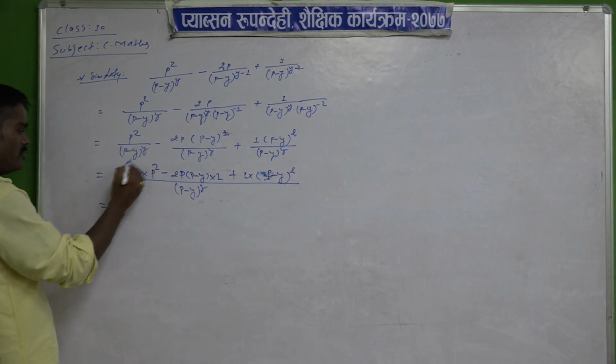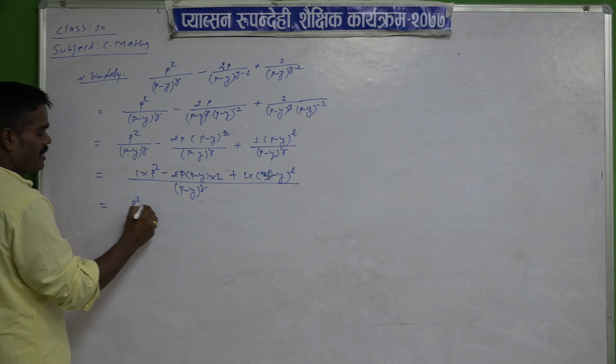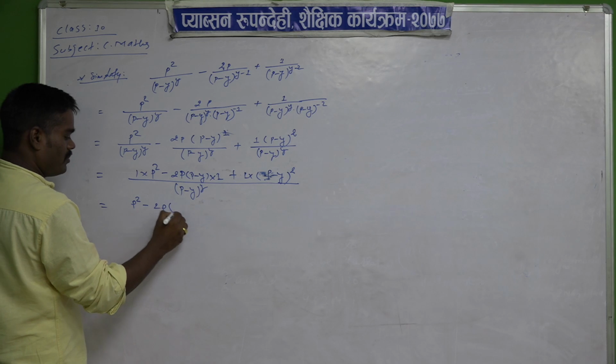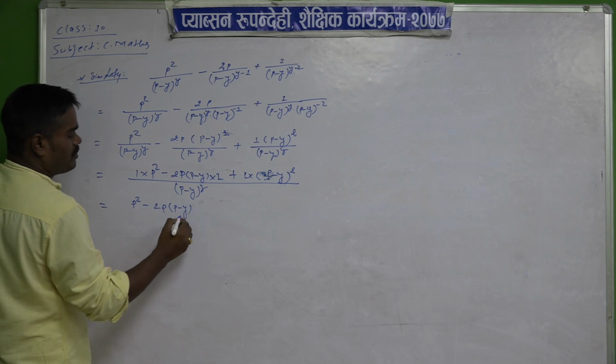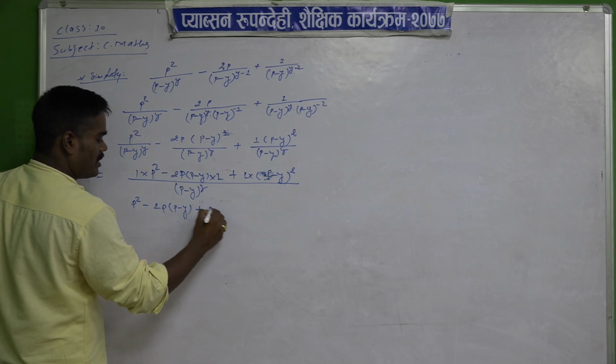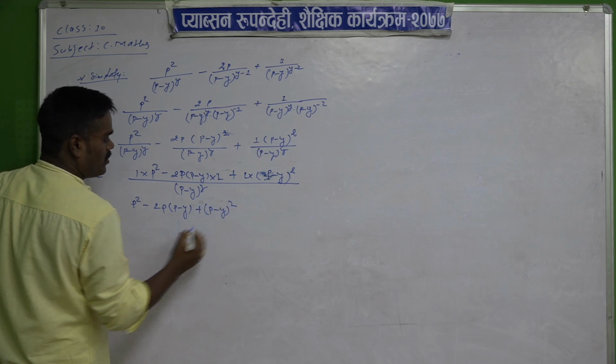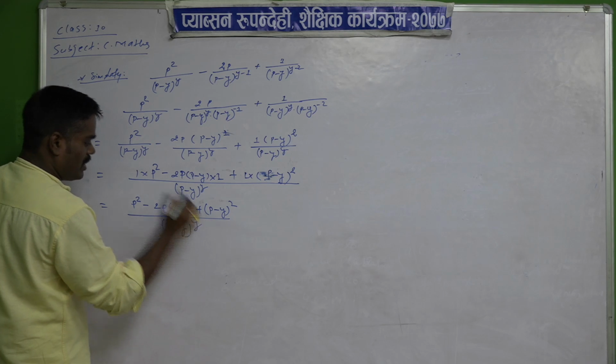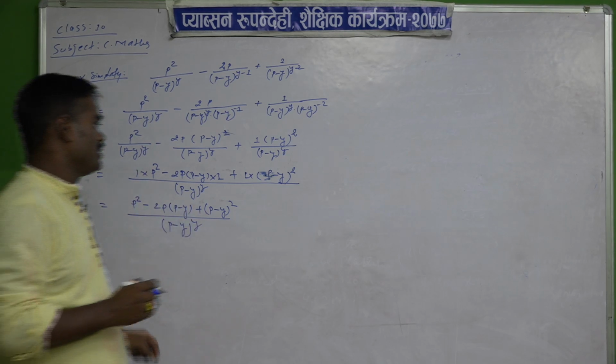Then after see here 1 into p² means p² minus 2 into 1, 2p into (p − 1) plus (p − 1) whole square, whole upon (p − y)^y.